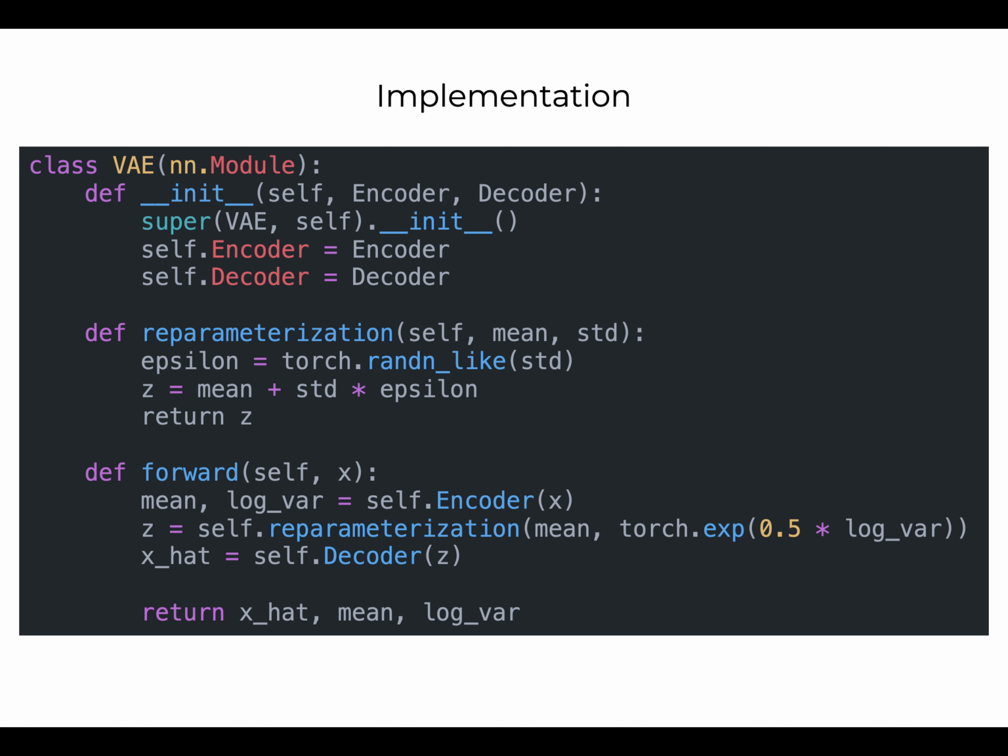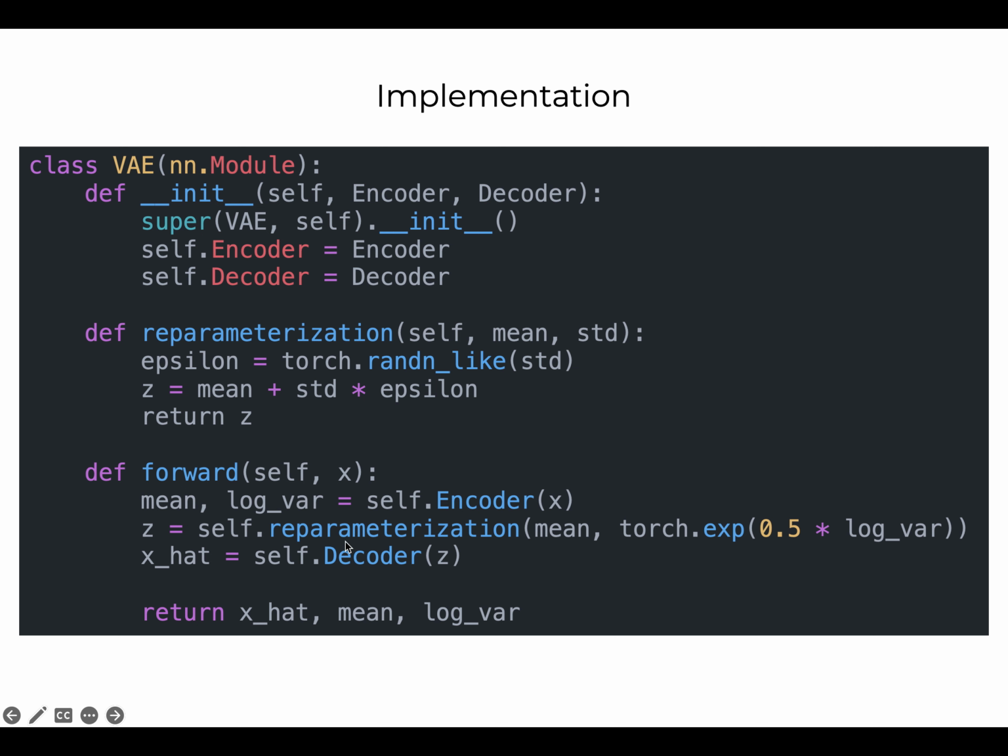If we then take the exponential of it, it's guaranteed to be positive. So this encoder could be anything. It could be a CNN, it could be an MLP. Just at the end, it probably will have, say, two linear layers that predict the mean and the log variance separately. So it's got two outputs from this network.